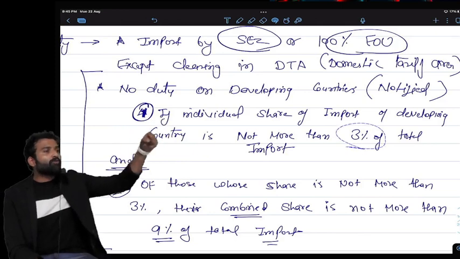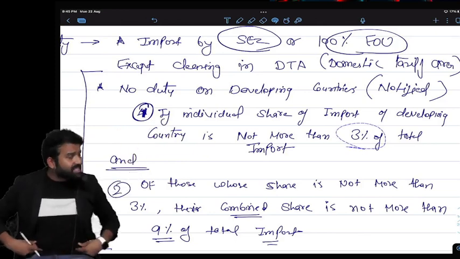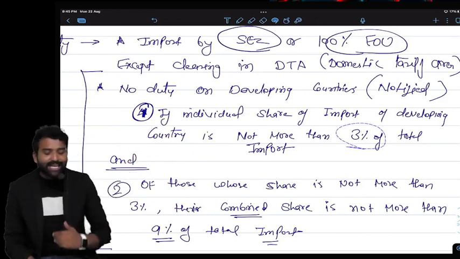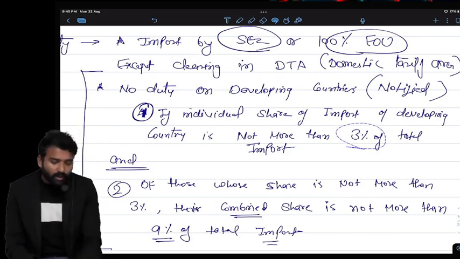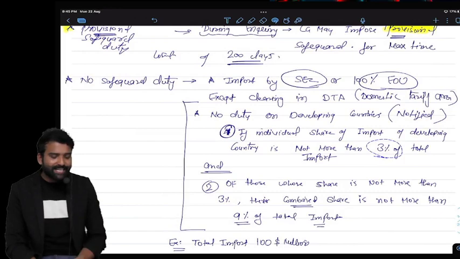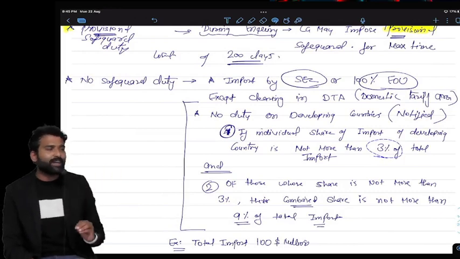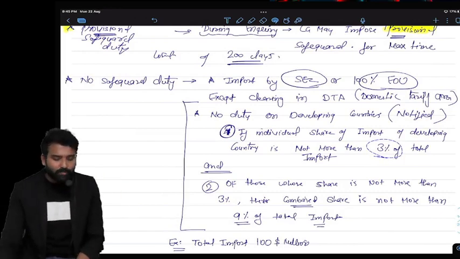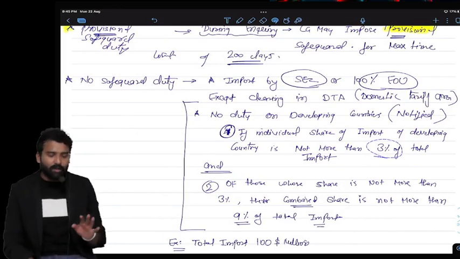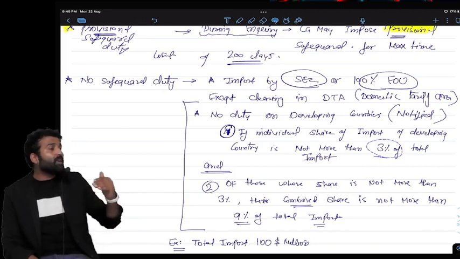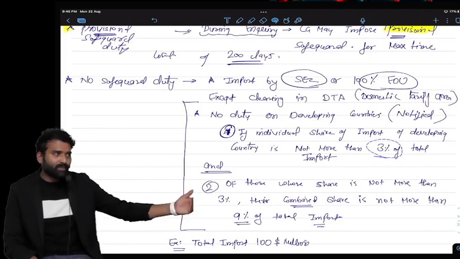So in case of import by SEZ and EOU, or in case of developing countries, this safeguard duty will not be imposed, it will be exempted.